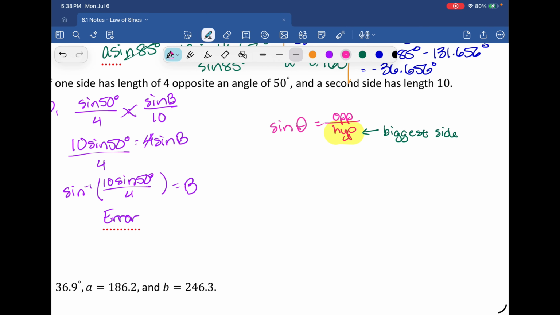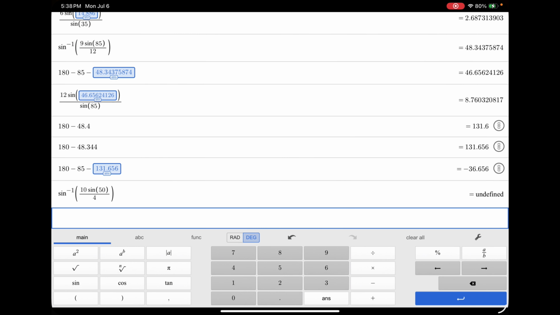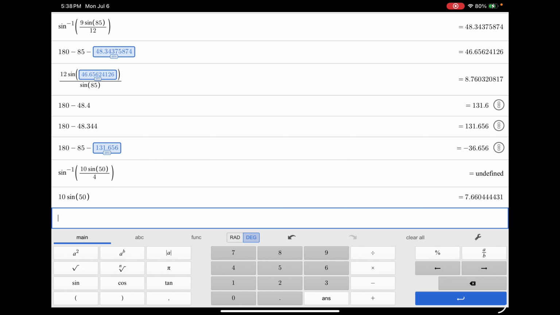So when I'm doing this ratio, 10 sine 50 degrees over 4, I already know it's over 4, so we're going to do 10 sine 50 in my calculator. And we get 7.7.